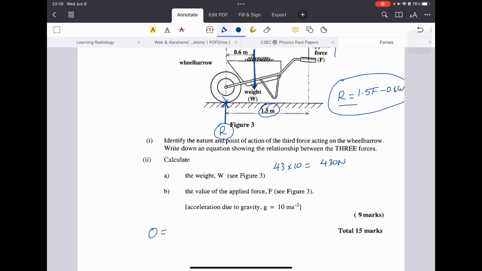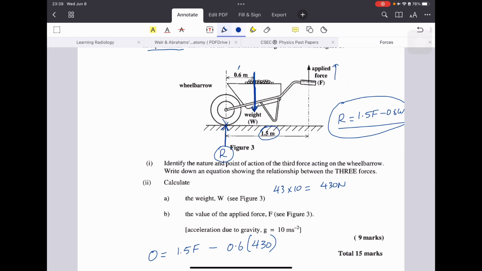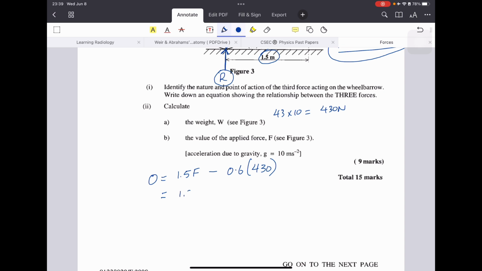0, we're using the same equation here, is equal to 1.5 F, that's what we're trying to find, the applied force, minus, and we have the weight now, right? So 0.6 multiplied by the weight, which is 430. And why we are doing it minus is because the weight is in the opposite direction from the thing that we are trying to find, F, right? So now we have 1.5 F minus, and we can put this in our calculator, 0.6 multiplied by 430 is 258, and we can move the 258 to the other side.